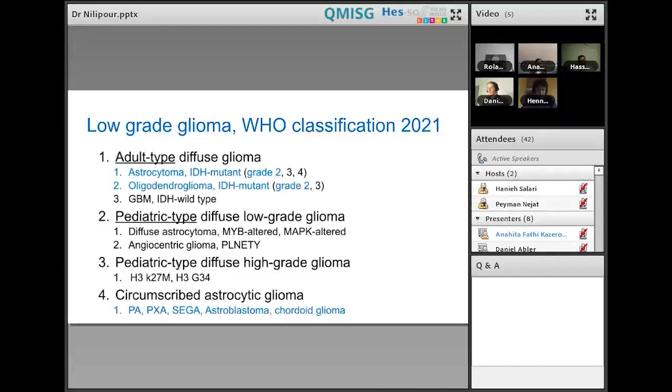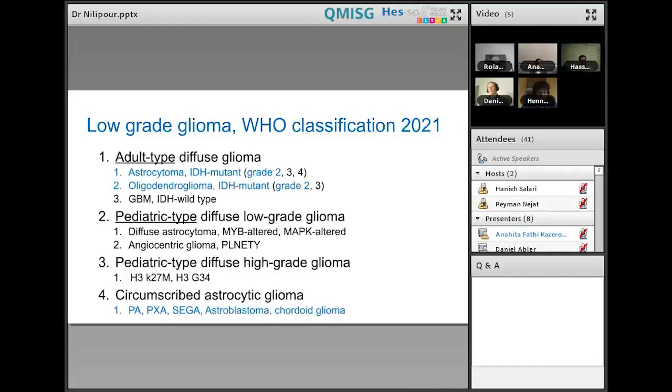In low-grade glioma, if our project is going to work on low-grade glioma, we have 2 types of low-grade glioma whose differences I want to emphasize. One is adult type diffuse glioma, which has 2 main categories, astrocytoma IDH mutant and oligodendroglioma IDH mutant.